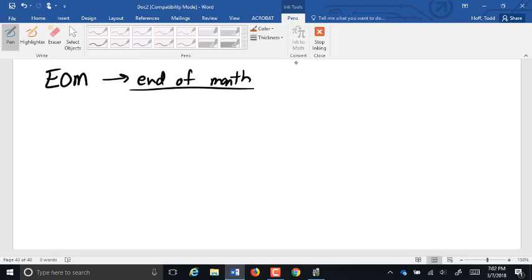Where end of month usually gets used is for smaller companies that don't have a full-time bookkeeping department, or they might have just a single bookkeeper that has to keep track of expenses and expenditures and all the invoicing.